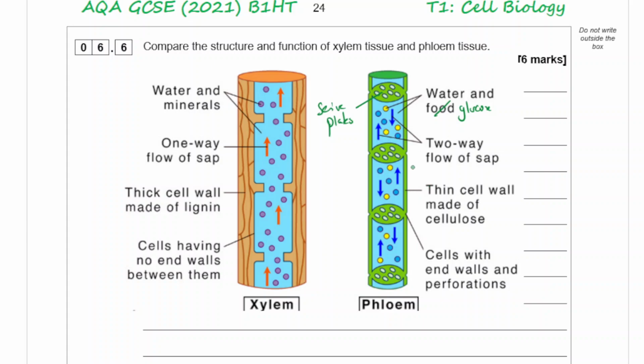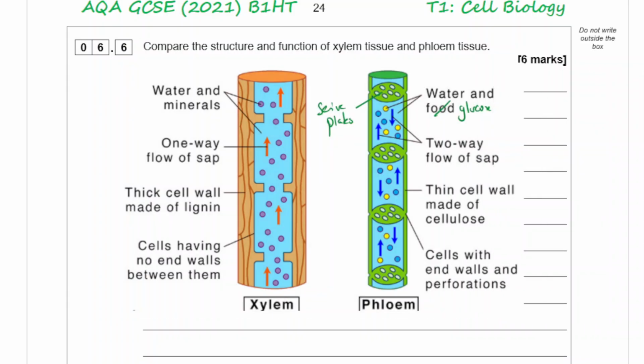It's a two-way stream, so it can move either from the bottom to the top or top to the bottom, depending on what the plant needs. When the plant needs glucose, which is stored as starch in the root system, it might draw it up again. The wall is quite thin, made up of cellulose, and it has perforations to allow this cytoplasmic streaming to happen. So that's the function and the structure.